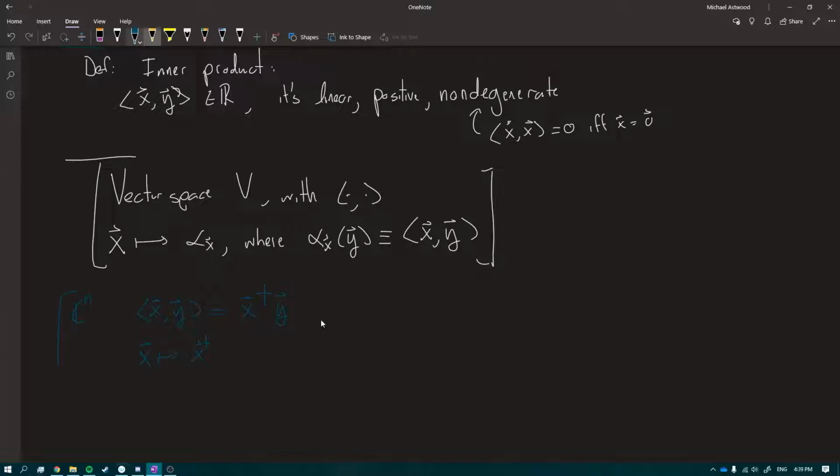So that's a good little example of when it changes. Another example would be in an infinite dimensional vector space. So for example, pick the polynomial space over R, which is just a set of all polynomials.